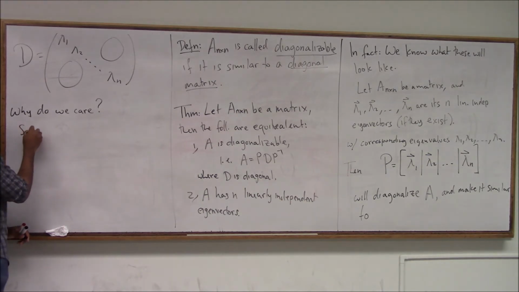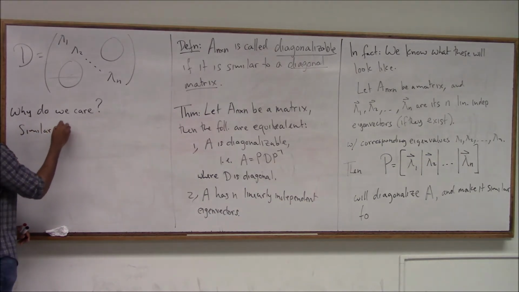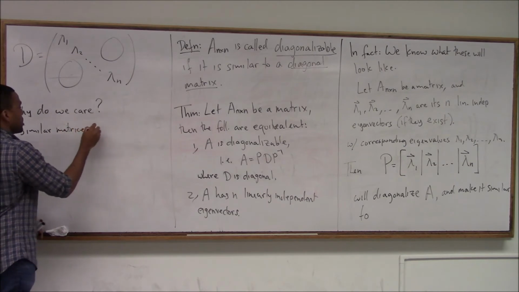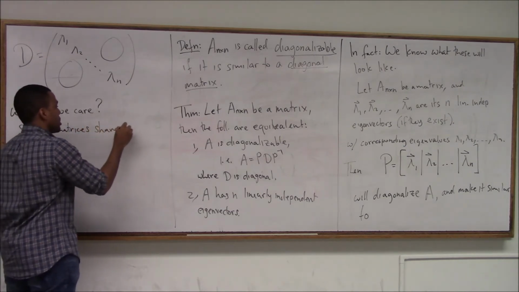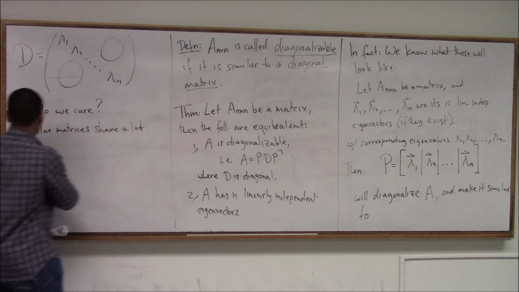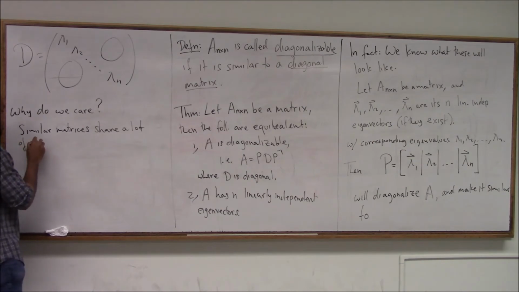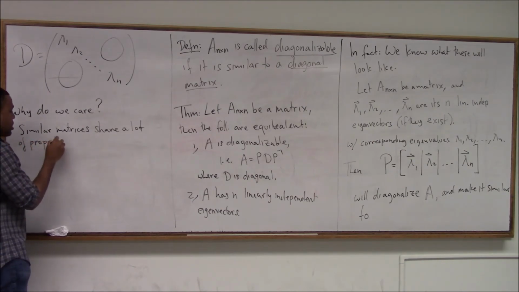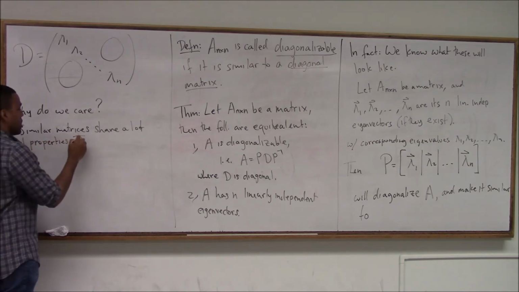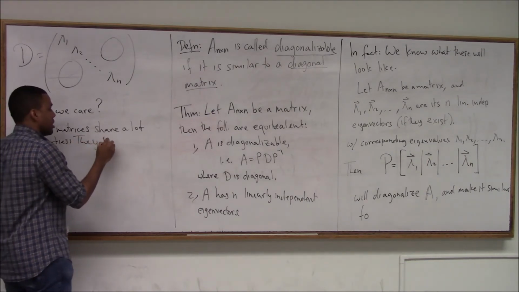Similar matrices share a lot of properties. They have a lot of things the same.